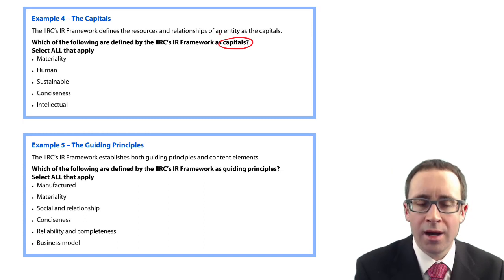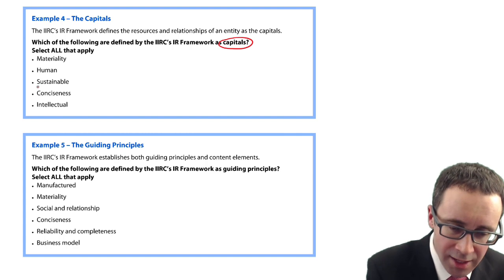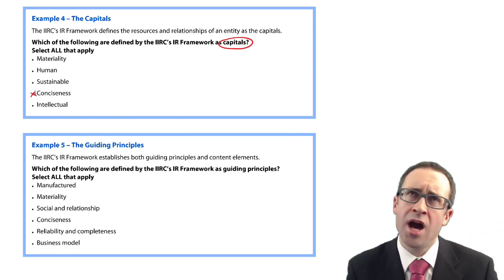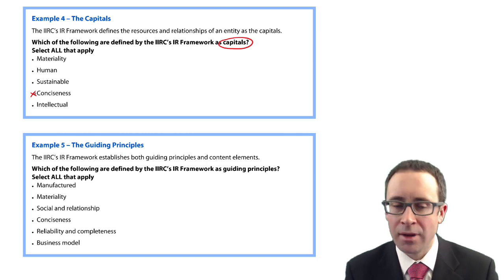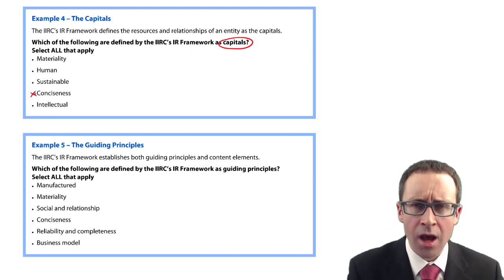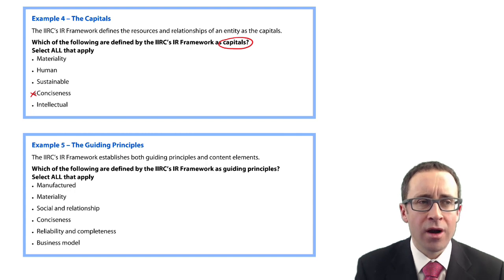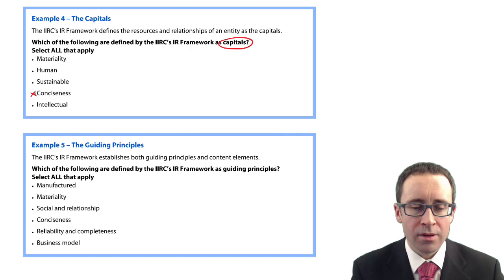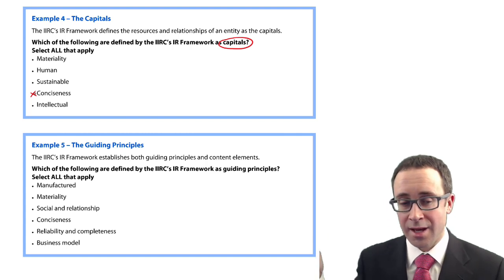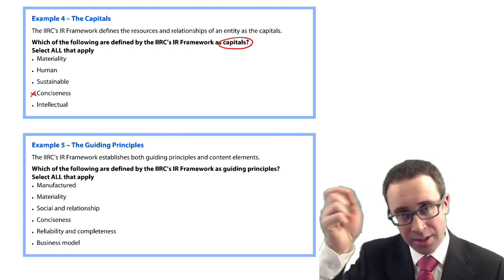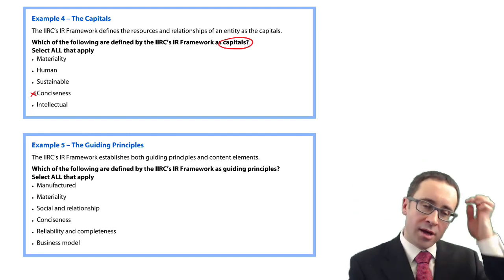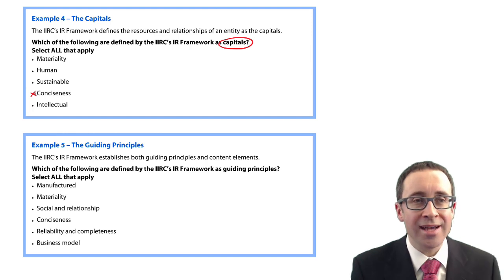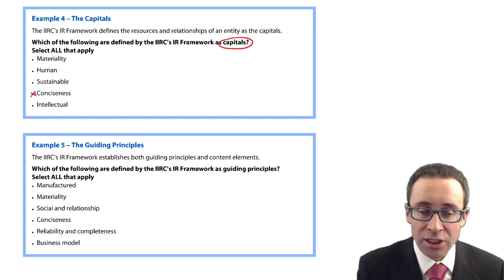Okay. So first of all, what you can see there is that conciseness doesn't start with an S, an H, an I, an N, an F, or an M. We can rule that out. And then you just need to be very, very careful. Okay. Because the 4 remaining answers have an M, an H, an S, and an I. So you think, right, tick, tick, tick, tick. But be very careful, because when you think about the S, the S is for your social and relationship, isn't it?